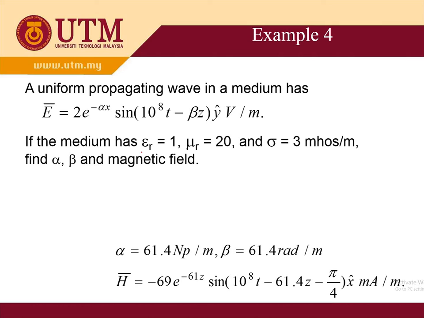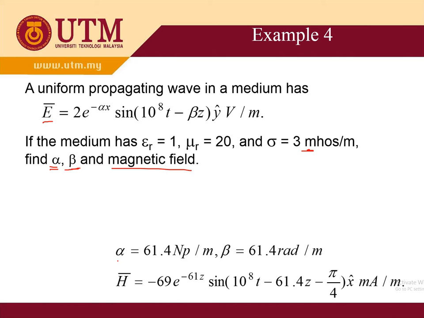If the medium has relative dielectric constant equal to 1, mu r equal to 20, and sigma equal to 3 millisiemens per meter, find alpha, beta, and the magnetic field. Given E, they want us to find H ultimately at the end. This is like a guided question, because they ask you to find alpha and beta first.